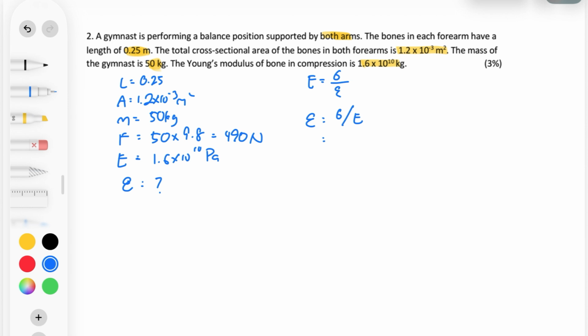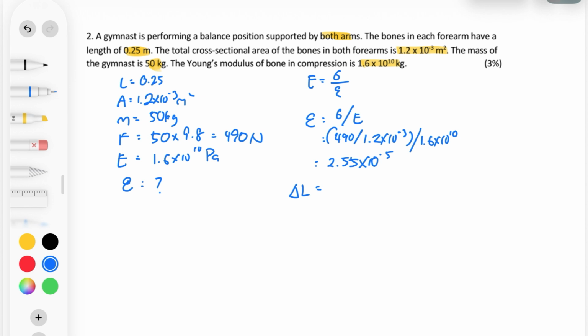So the force we have is 490 divided by the area, 1.2 times 10 to the power of negative 3, and divided by the Young modulus, 1.6 times 10 to the power of 10. This gets us the strain of 2.55 times 10 to the power of negative 5. So we know that the formula of change of L equals what?